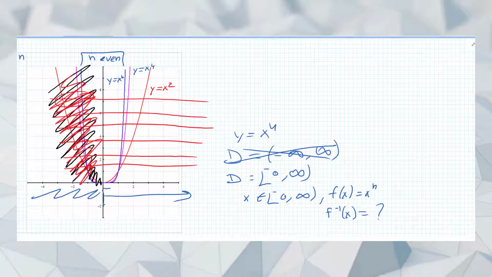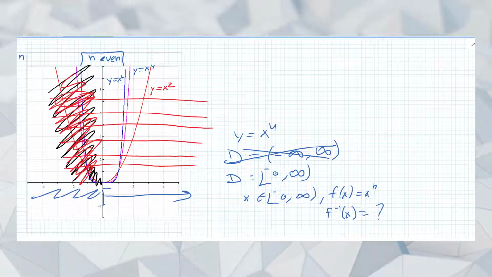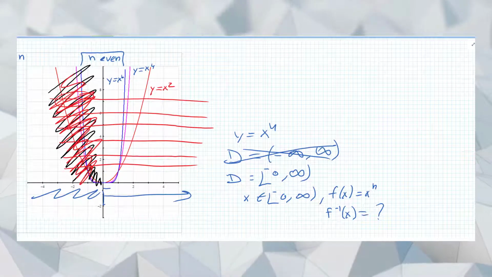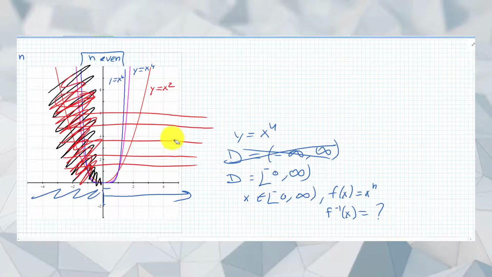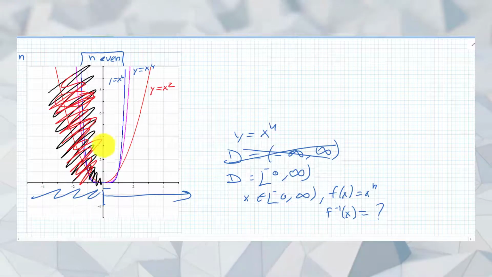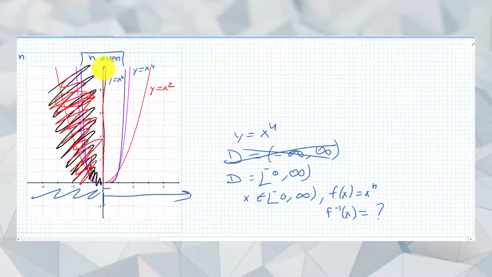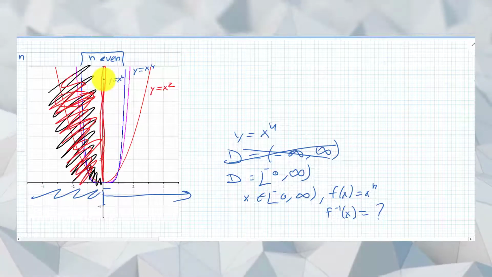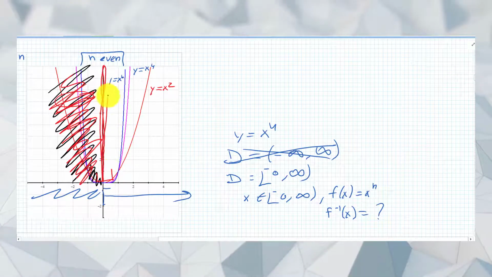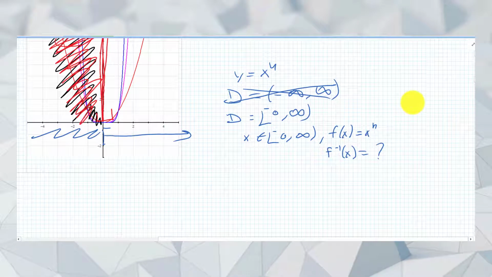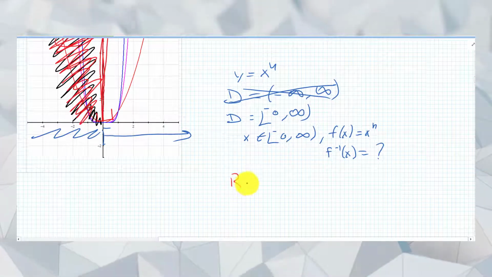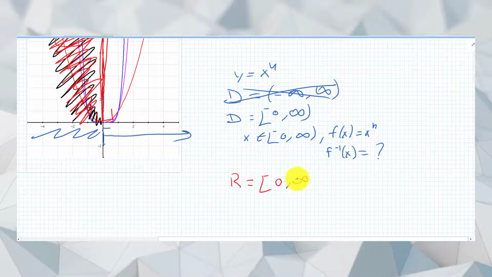Before we define the inverse function of a monomial, though, one more remark. You can see that the range of all of these functions for n even is the non-negative set of real numbers. The range is 0, infinity.